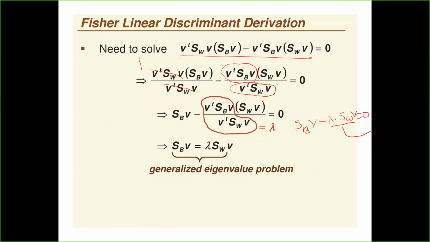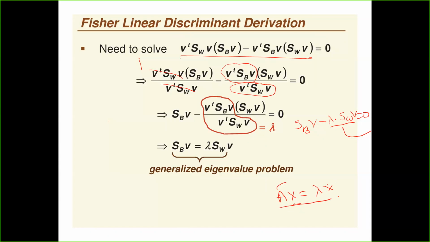What is an eigenvalue problem? If AX is equivalent to lambda X, then we call lambda an eigenvalue of A, and X an eigenvector of A. No, I'm sorry. X is the eigenvector of A, and lambda is the eigenvalue of A. Am I right? Do you remember?